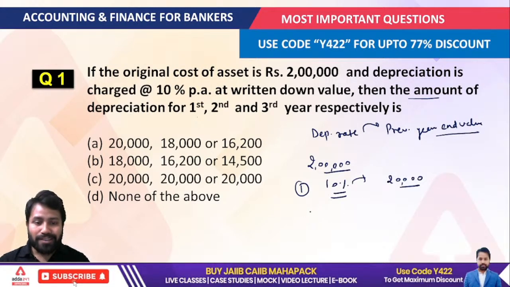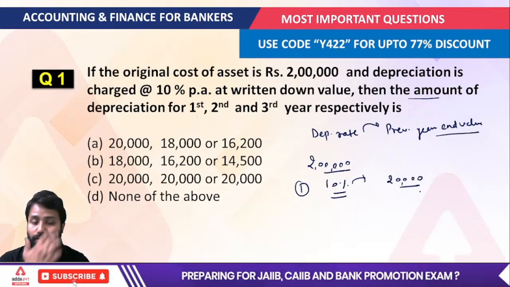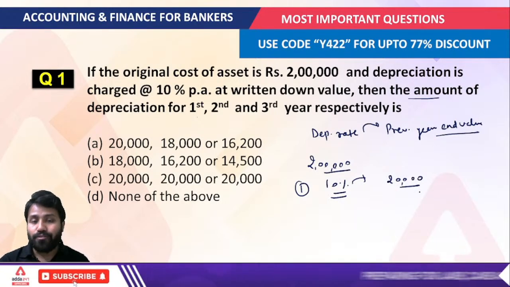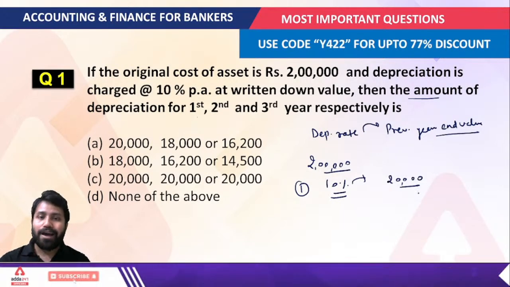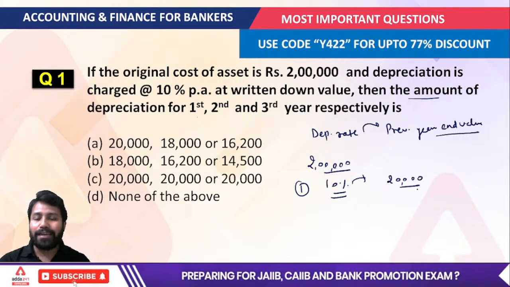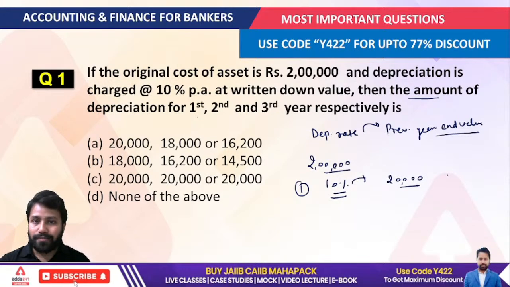Now for the second year depreciation, the very first thing you have to do is find the remaining value of the machine at the end of the first year, because in the written down value method the depreciation rate is applied on the previous year end value. So what asset value remains?